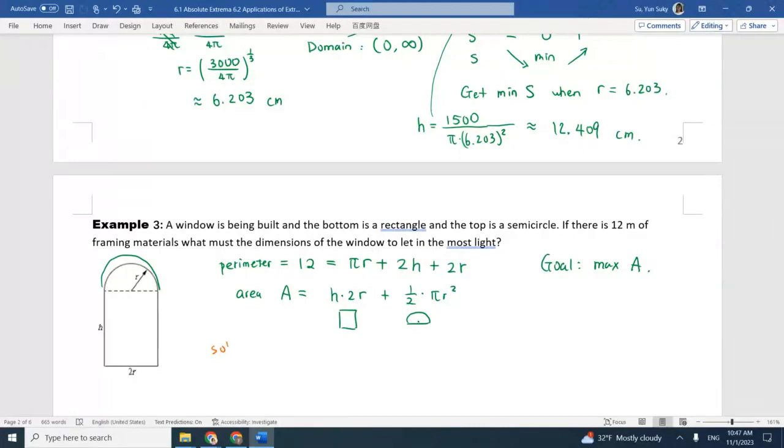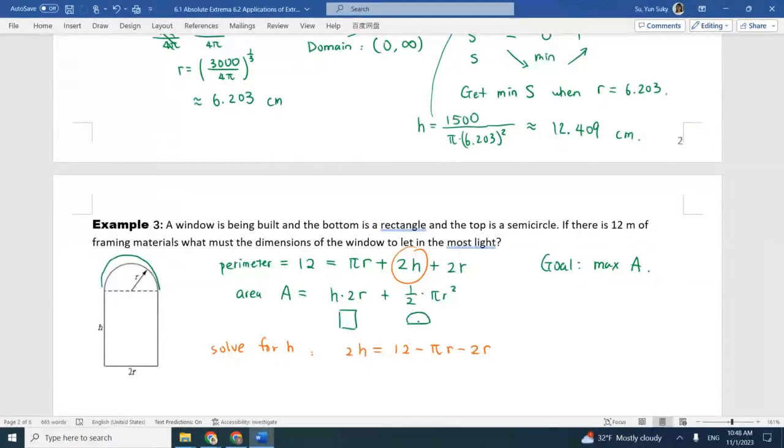By the way, if you solve for r in terms of h, that also works. It's just a matter of which method is easier and takes less time. So solve for h. And so we solve for this, we get what? 2h is 12 minus pi r minus 2r. Right, everybody?